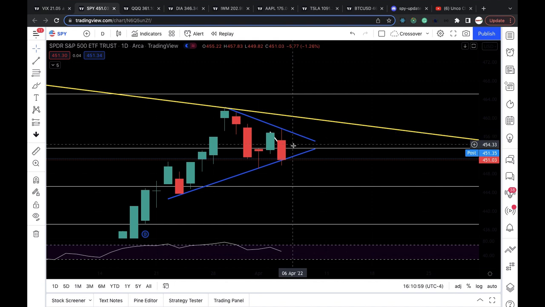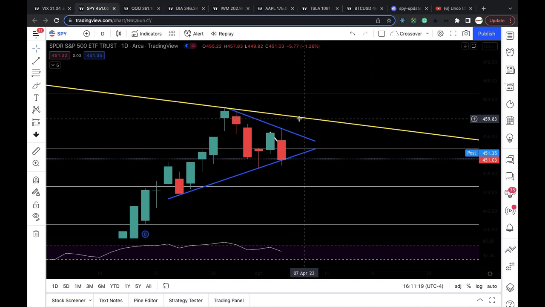Now, the pivot point that I have within this triangle pattern is 453.5. SPY needs to recapture that level in order to test the resistance of the triangle pattern. It's now at 456.9ish. That's the breakout level. Above is a breakout, and that'll put higher price targets in play.